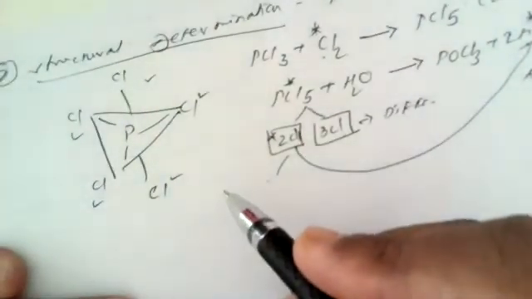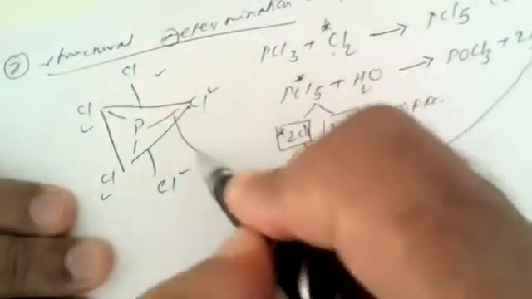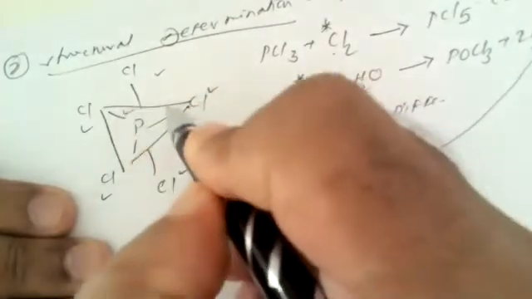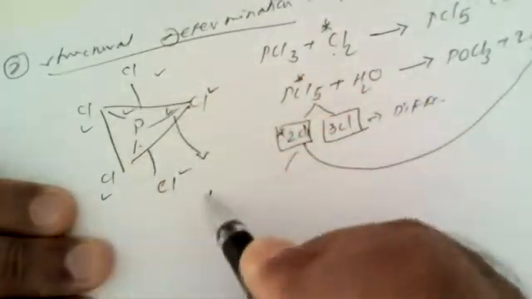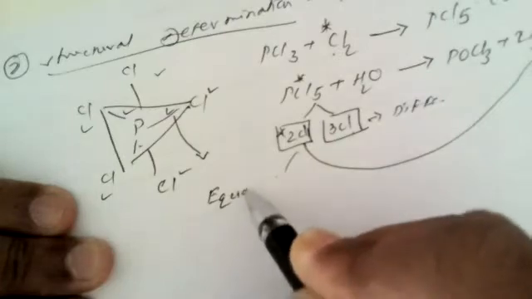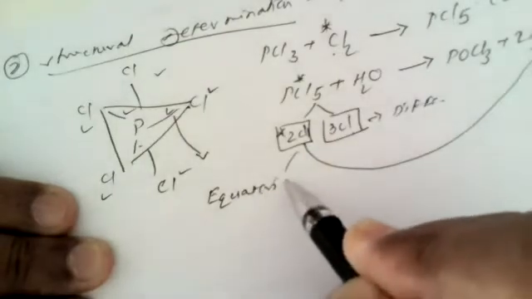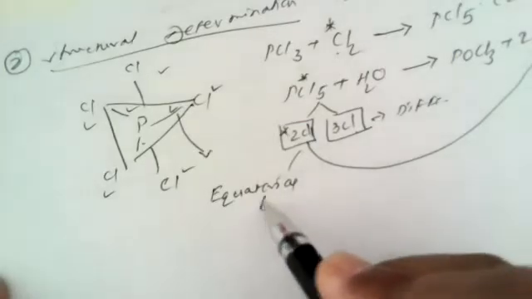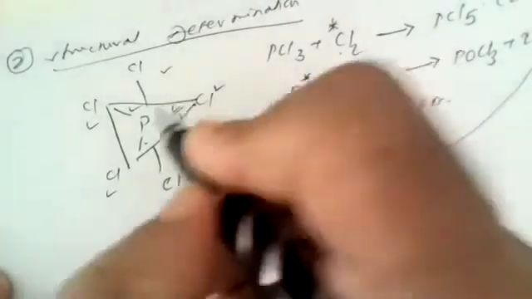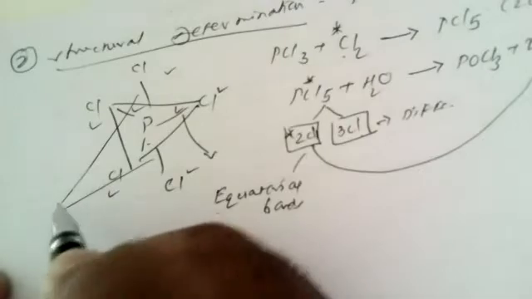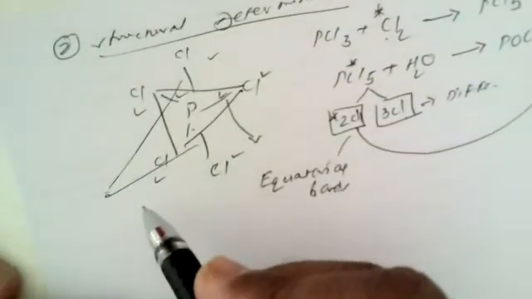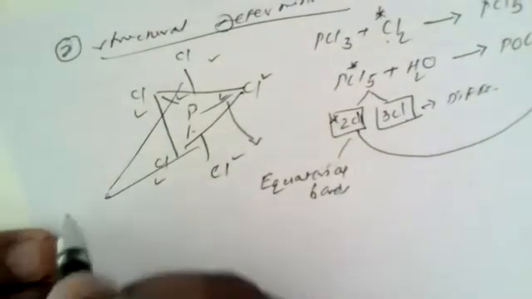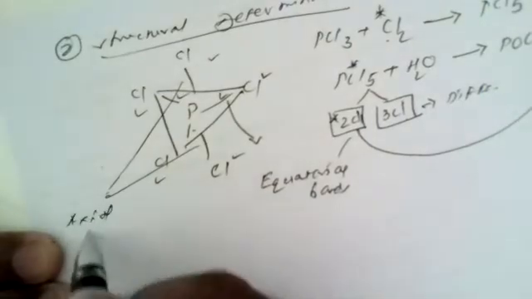This particular reaction also indicates that these 3 bonds, first bond, second bond, and third bond, are known as the equatorial bonds, and these are the 2 bonds which are present, one at the top, another at the bottom. These are known as the axial bonds.